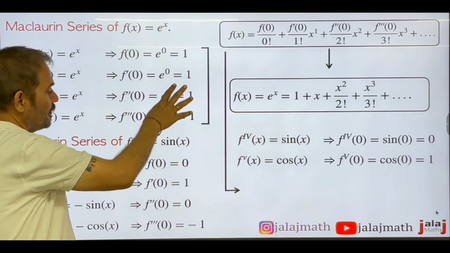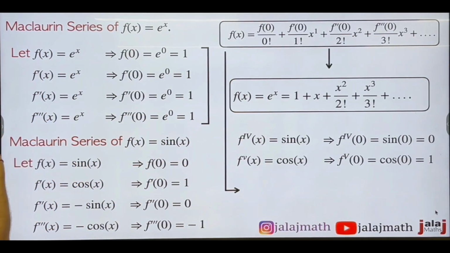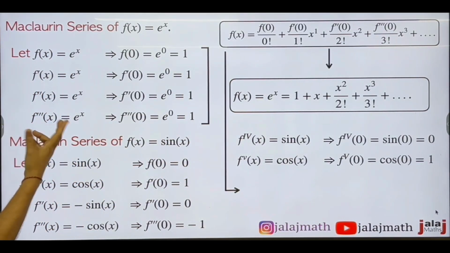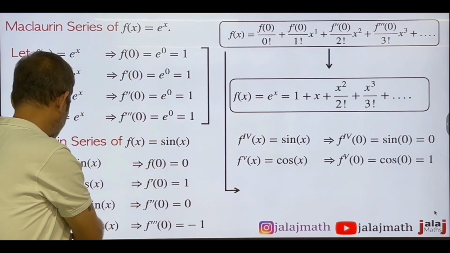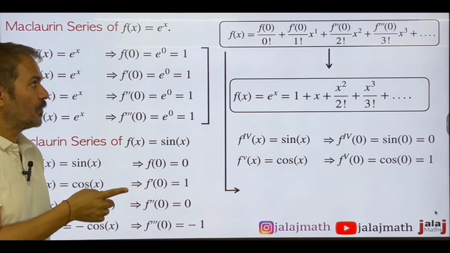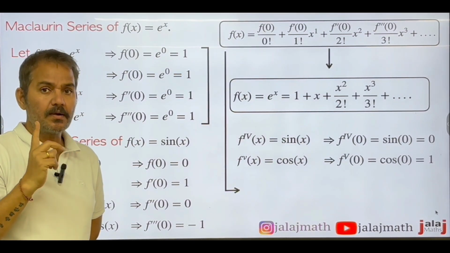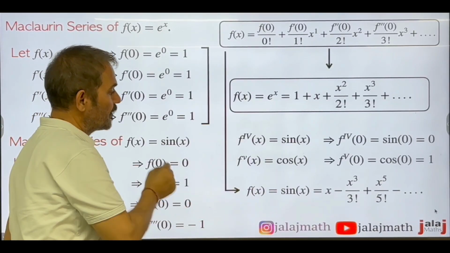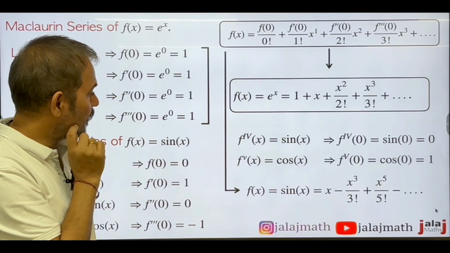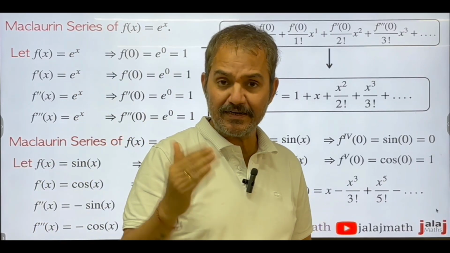So f(0) is 0, the first derivative is 1, so 1x, then the second derivative is 0, so it's gone, the third derivative is negative 1. So you see alternately you get positive and negative terms, and also you get only odd powers of x. So out here you will get x minus x cubed over 3 factorial plus x to the 5 over 5 factorial, and so on and so forth.